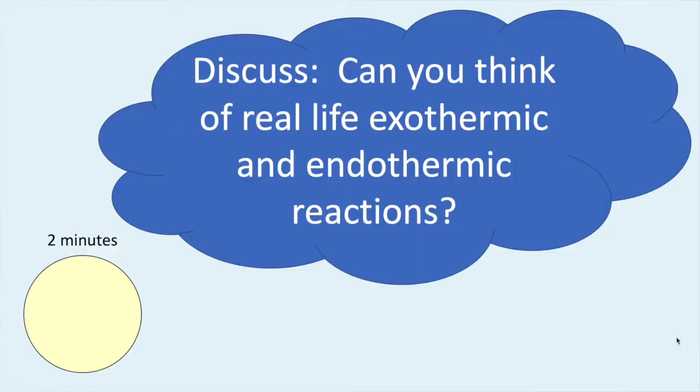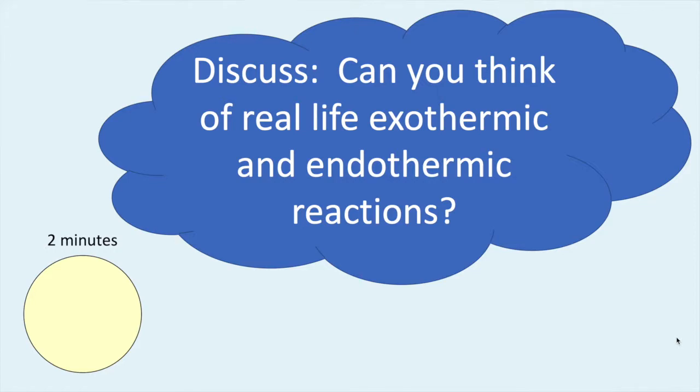So considering our exothermic releases energy to the surroundings and our endothermic reactions take in energy, so causing an increase in temperature for an exothermic reaction but a decrease in temperature for an endothermic reaction. Can you now think of any real life examples of exothermic and endothermic reactions?